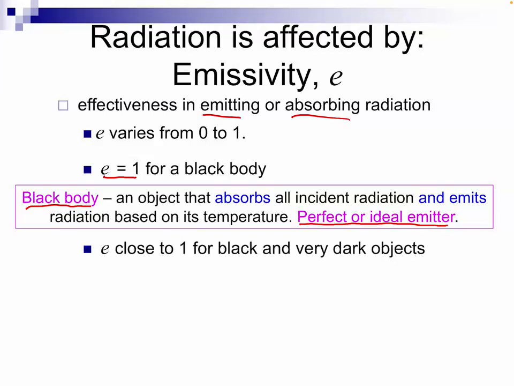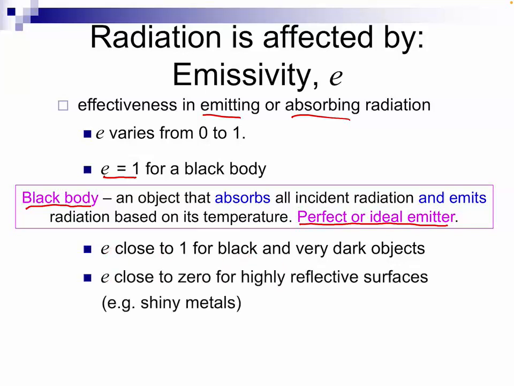Anecdotally, you might have heard that if you wear a dark T-shirt on a summer day, you feel warmer compared to when you wear a white T-shirt, and that's because of the emissivity. I don't know if you've heard that. I've heard that. So E is close to 1 for usually black and very dark objects.